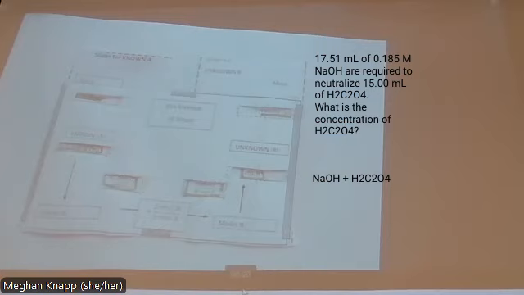All right. So to balance it, it's good to know what the products are. And so for a neutralization, which this is an acid, which I can tell because it's got an H out front, and a base because it has the OH. That's a neutralization. My products are going to be water.